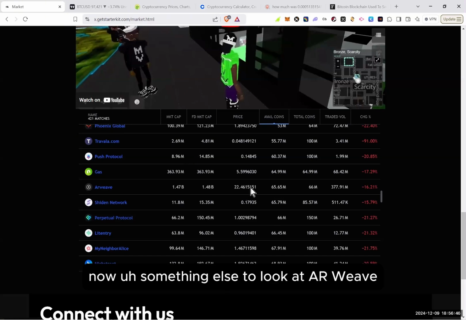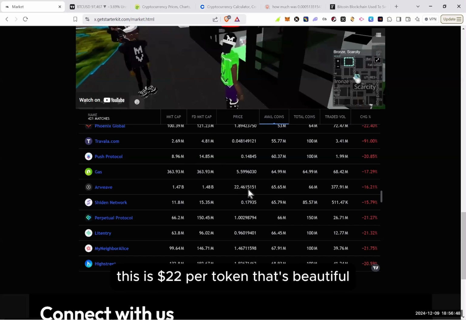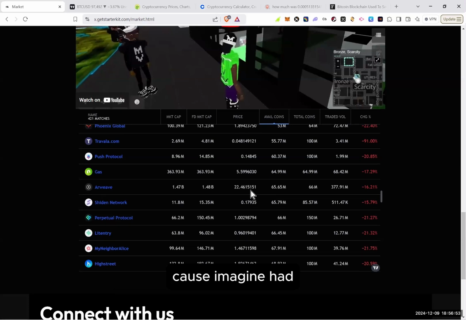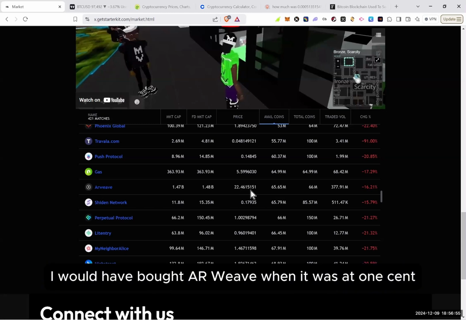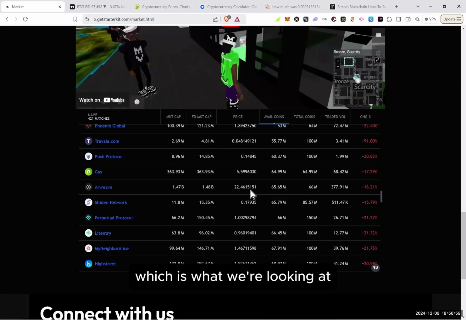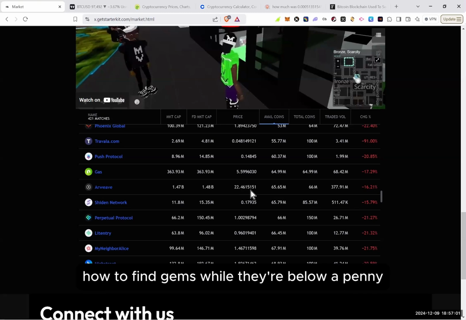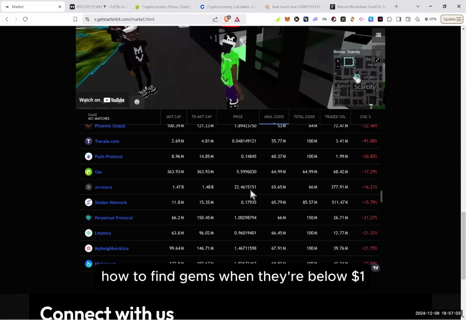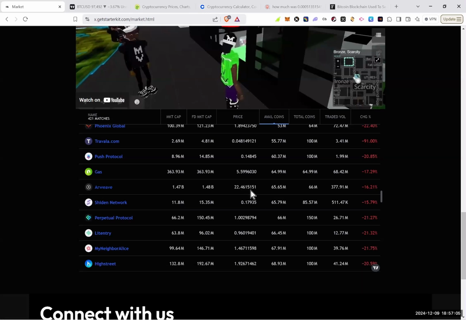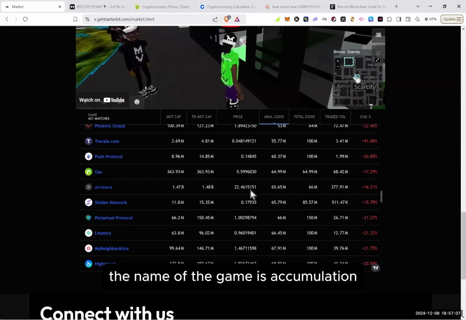Now, something else to look at, Arweave. You see the price of this? This is $22 per token. That's beautiful, because imagine had I bought Arweave when it was at 1 cent, which is what we're looking at: how to find gems while they're below a penny, how to find gems when they're below $1. The name of the game is accumulation.